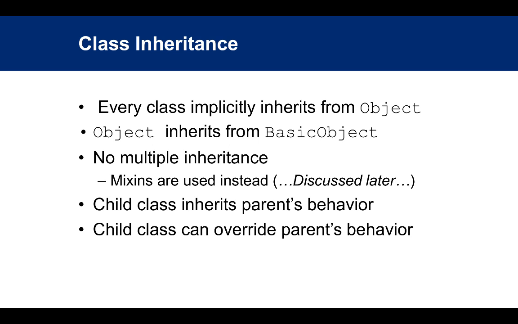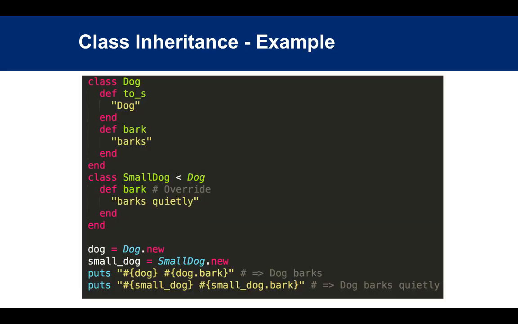So the idea is that the child class inherits the parent's behavior, and the child class can also override the parent's behavior. Let's see an example of that. We have a class called Dog, and it has a to_s method, which returns "dog", and a method called bark, so the dog barks.